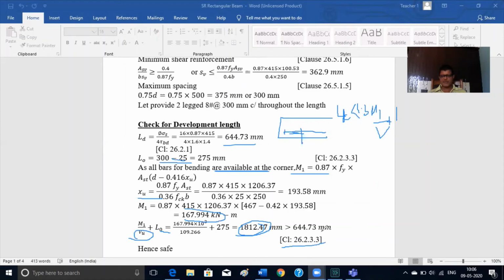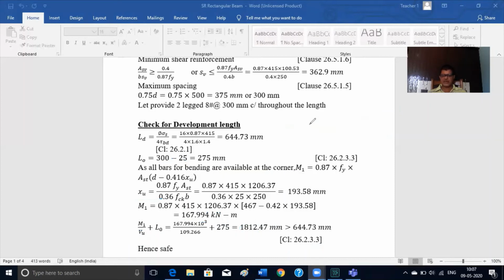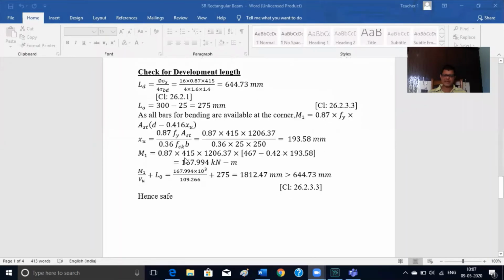You can go there, you can find that Ld shall be less than or equal to this. So this is checked. So that means the diameter of bar you have used, 16 mm diameter, is sufficient to provide the bond. So the diameter we have assumed has been checked in the development length.